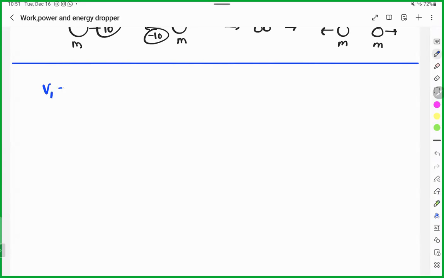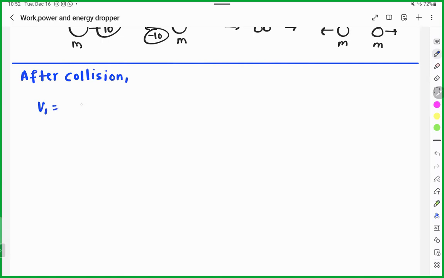V1, if we want to calculate the velocity of the first body after collision. Remember, when we calculate the velocity of the first body after collision, after collision, what will happen?